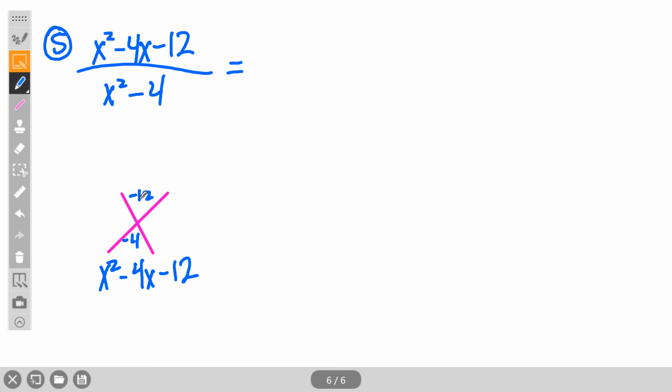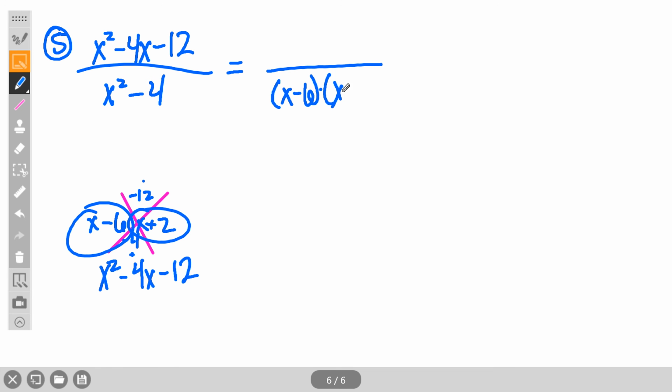Two numbers that multiply to negative 12 and add to negative 4 are negative 6 and positive 2. So that means this factors into x minus 6 and x plus 2.